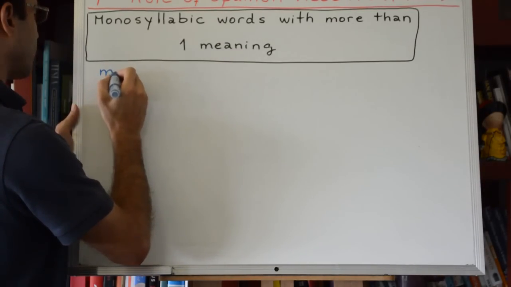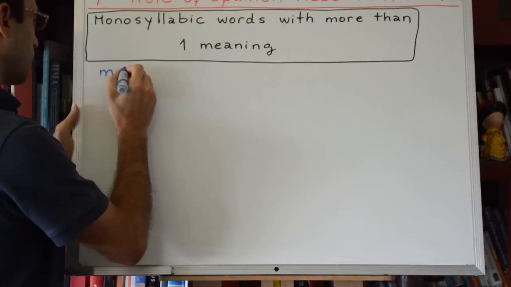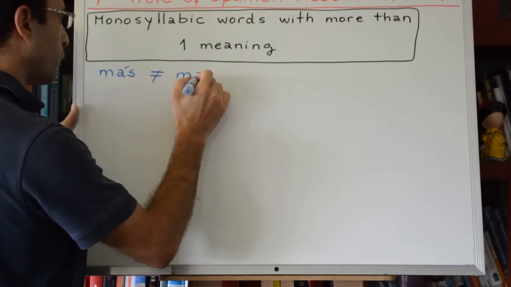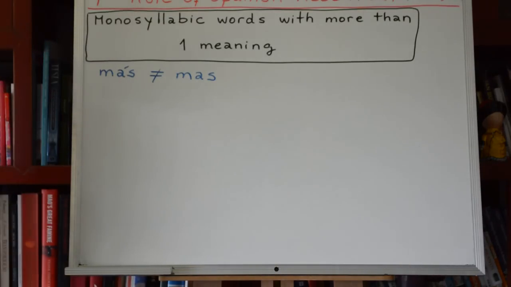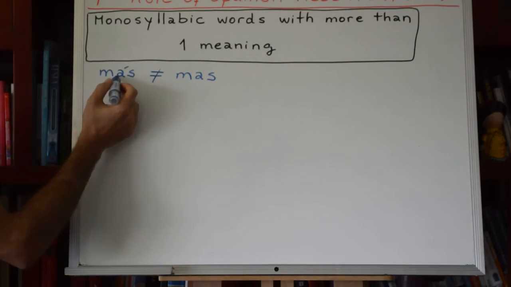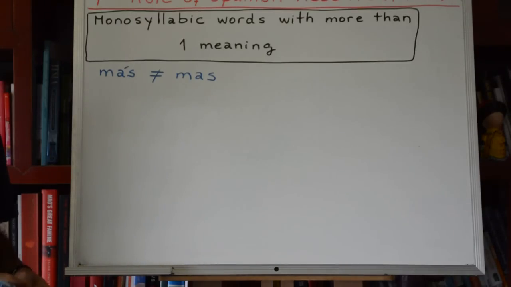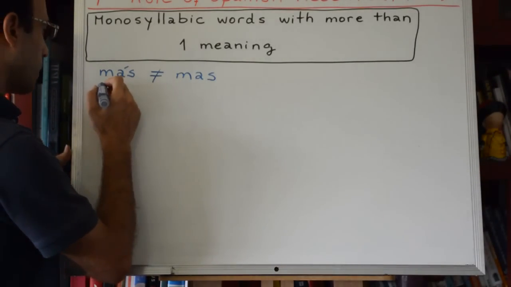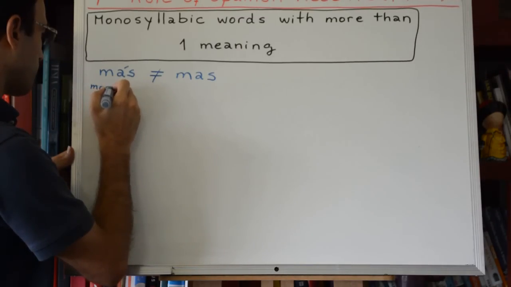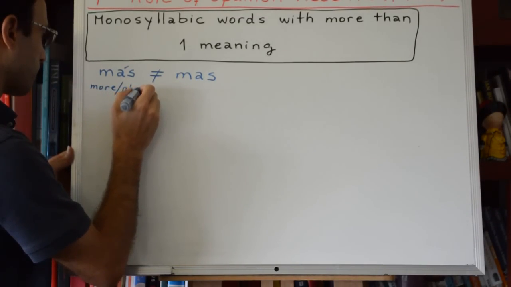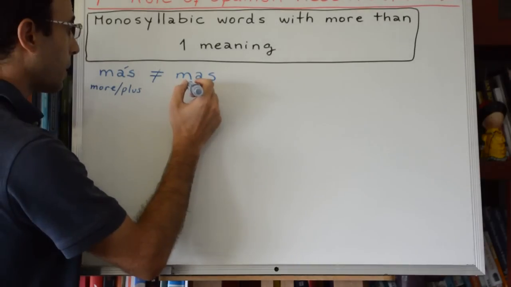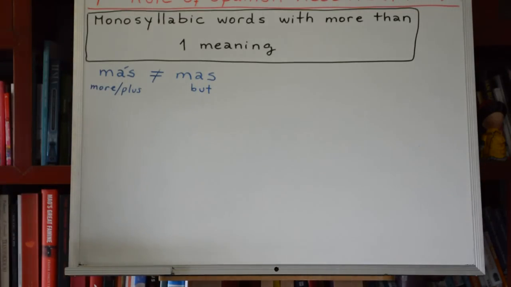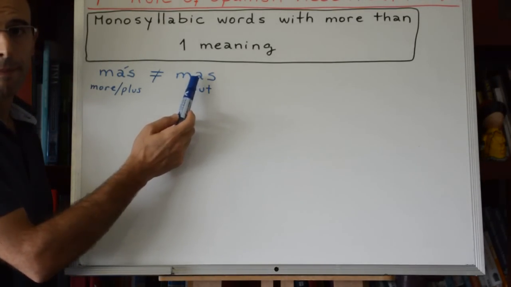The word más, okay, with a tilde is not the same as the word mas without the tilde. This word with a tilde means more or plus, right? More, plus. This one here means but, okay? It's a synonym of the word pero, okay?